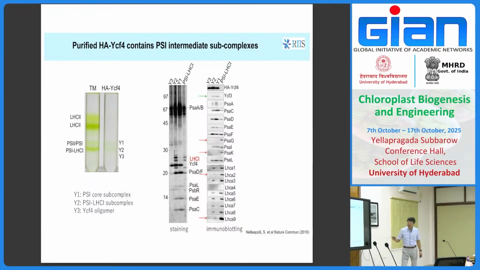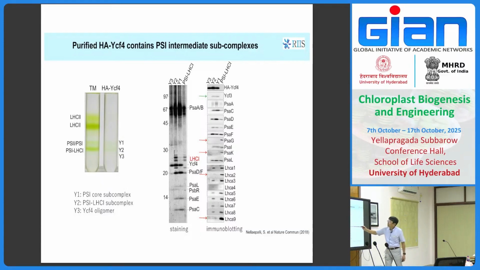Okay, is that clear? And the immunoblotting also shows that Y1, this one, contains PSA A, C, D, E, F, but not G, I, K, L, no LHC1.